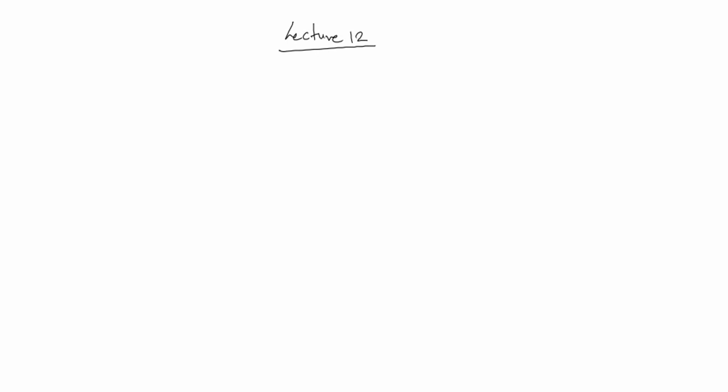In the last lecture we saw only one type in detail, the flash type ADC, which is the fastest among all ADCs, right?